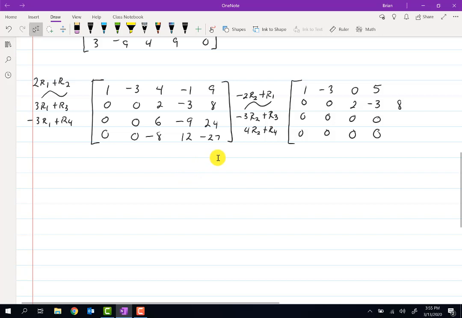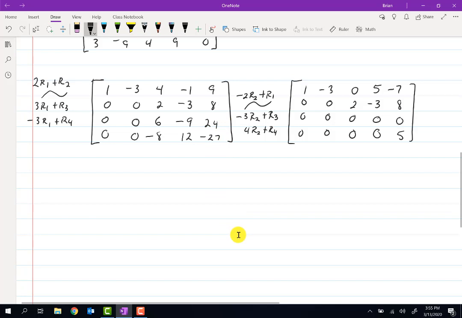And then on the last column here, negative 2 times 8 is negative 16, so we'll get a negative 7 there. And then negative 3 times 8 is negative 24, plus 24, put a 0 here. And then 4 times 8 is 32 minus 27, we'll put a 5 here.